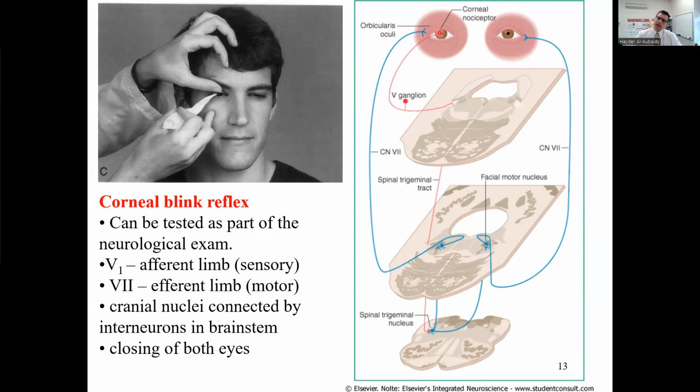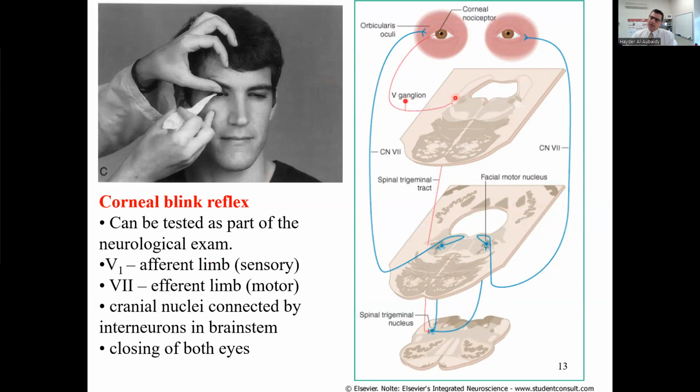In the normal situation, if you test one cornea, it will produce bilateral blinking, because you can see here we've got an interneuron connected to both the right and left facial nuclei, which eventually produce bilateral blinking. If you test the other eye, it will have the same output, which is bilateral blinking. This test can be used as part of the neurological examination.